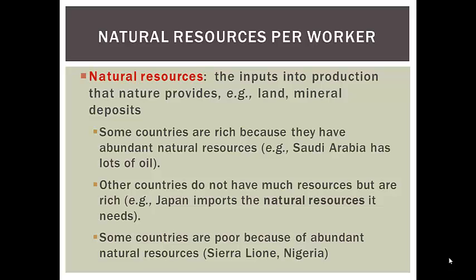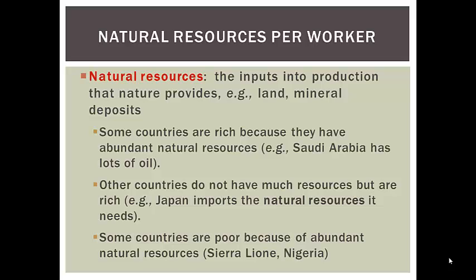But it's not a necessary input into productivity. We know that other countries don't have many resources but are pretty rich. For example, Japan has very little natural resources, yet it's a pretty rich country.